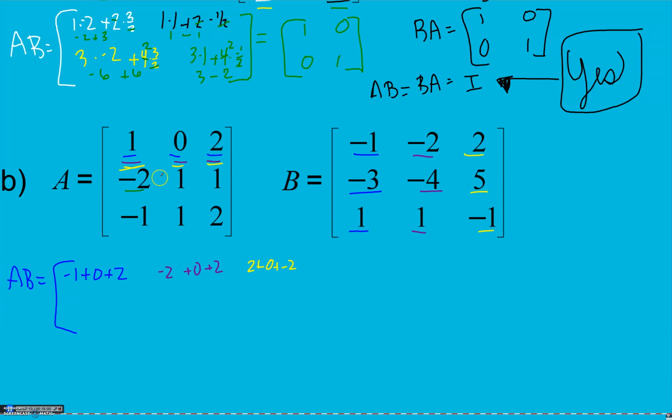Next row, negative 2 times negative 1, 1 times negative 3, 1 times 1. Negative 2 times negative 2, 1 times negative 4, 1 times 1.